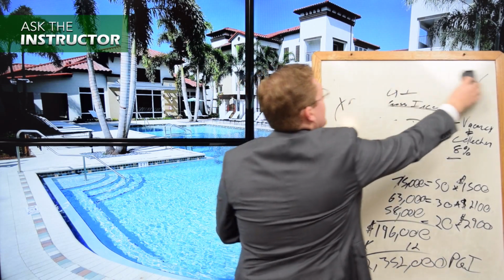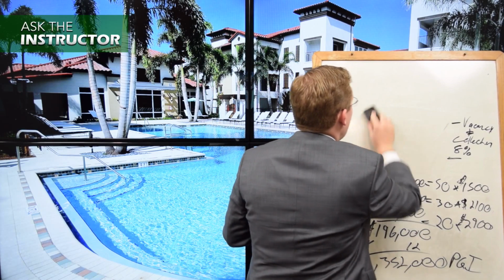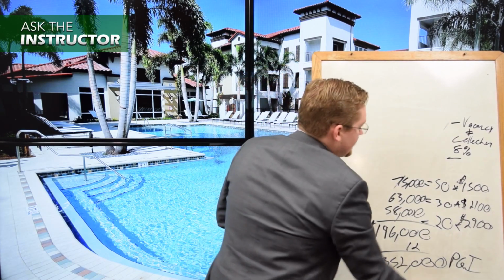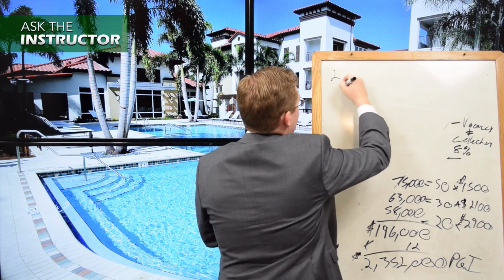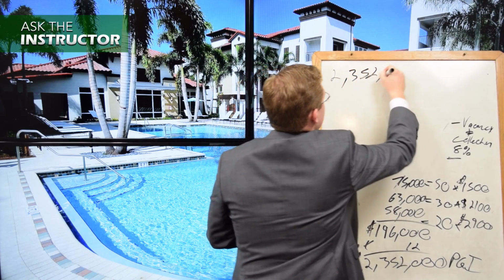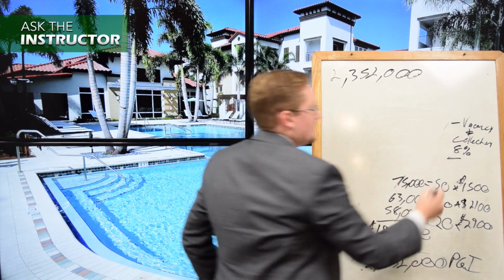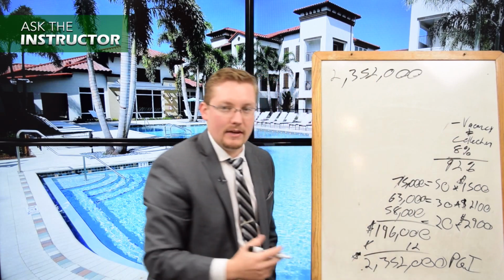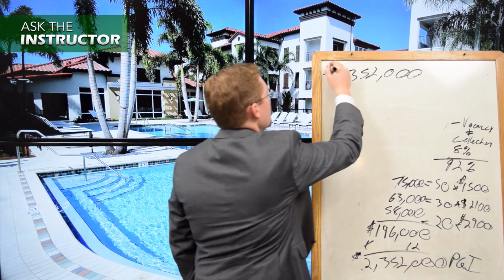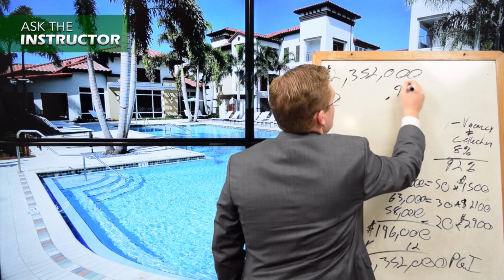So say we're going to take that same $2,352,000, and now we need to go ahead and subtract out our 8% vacancy and collection loss. Now, if 8% is vacancy and collection losses, that leaves us with 92% not vacancy and collection losses. So we're going to take this $2,352,000 number and multiply it by 92%.